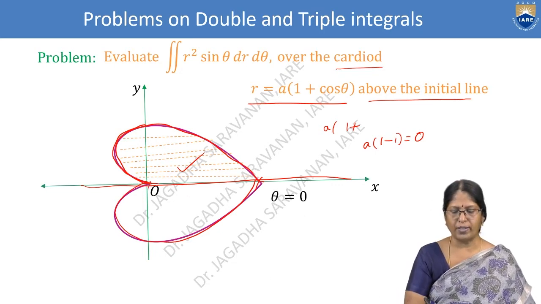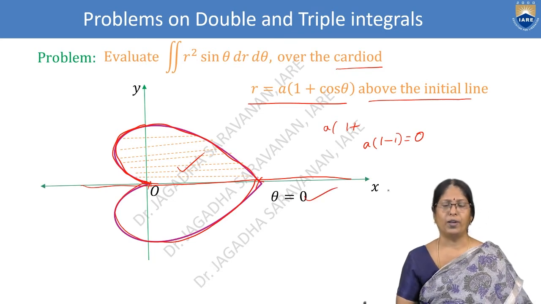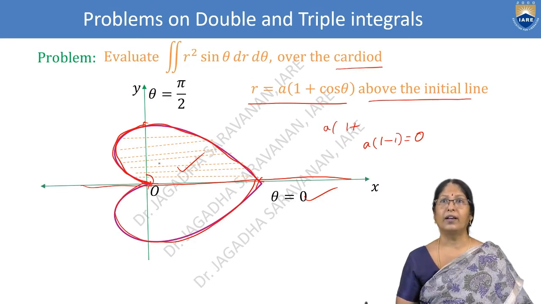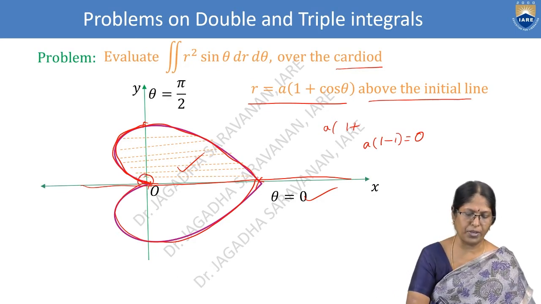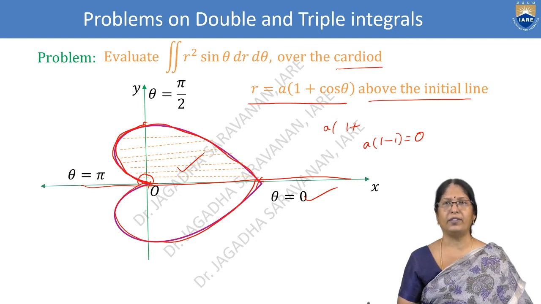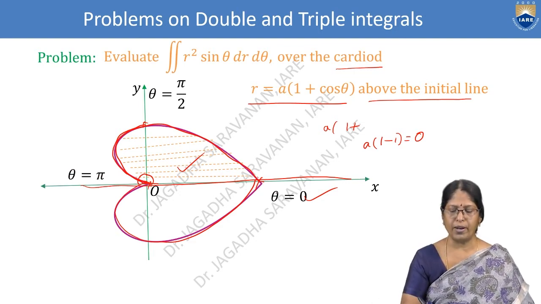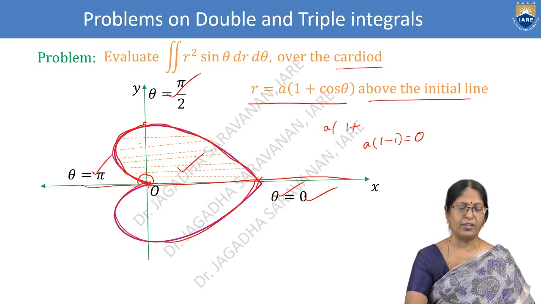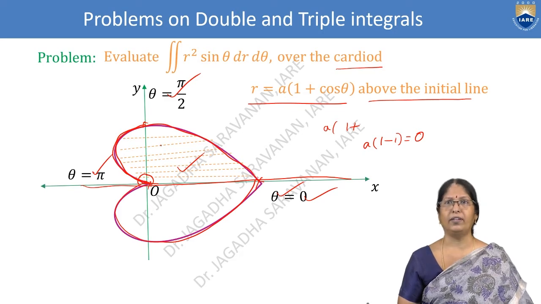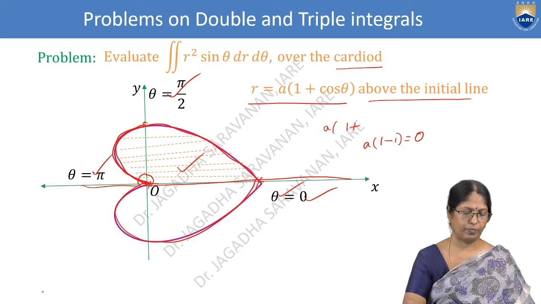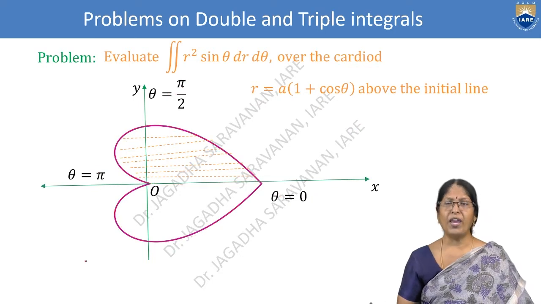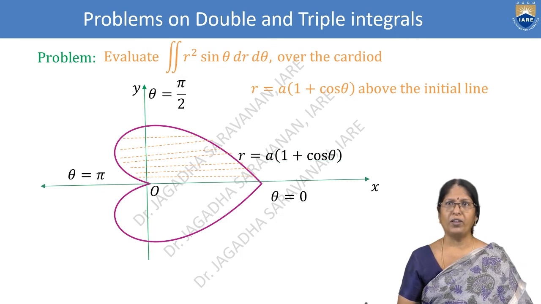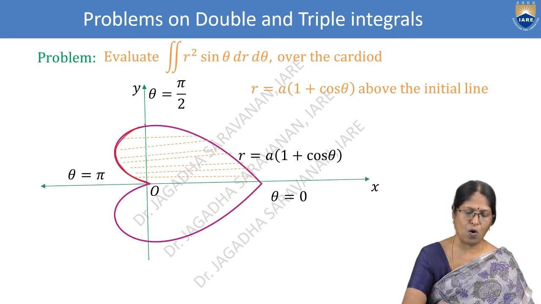At this particular point the angle is 0. From here to here, the angle is 90 degrees. Up to here, the angle is 180 degrees. So the angles mentioned are theta equal to 0, theta equal to 90 degrees, and theta equal to 180 degrees. Now this region we have to take, so we are going to take this curve which is formed.